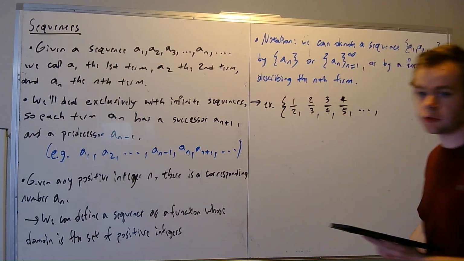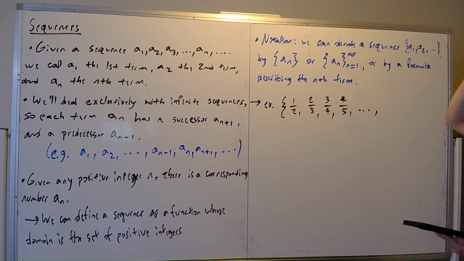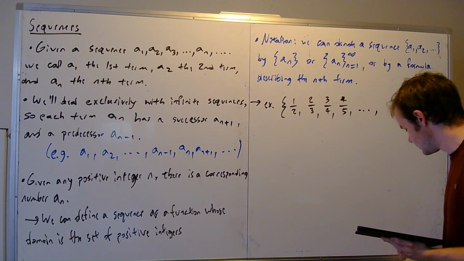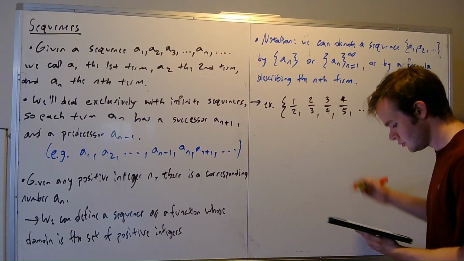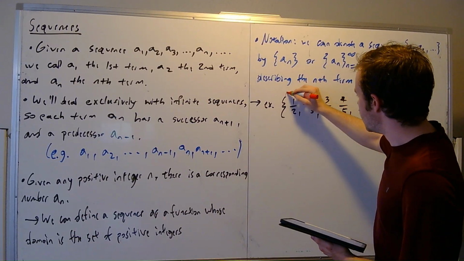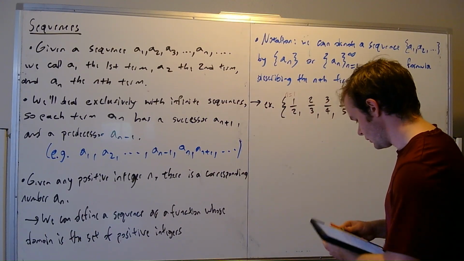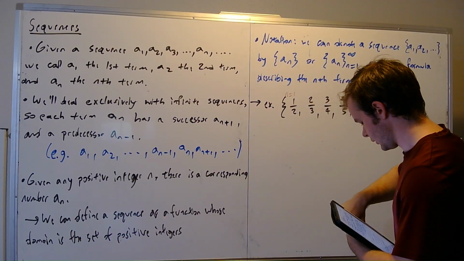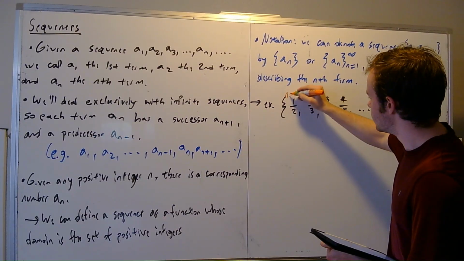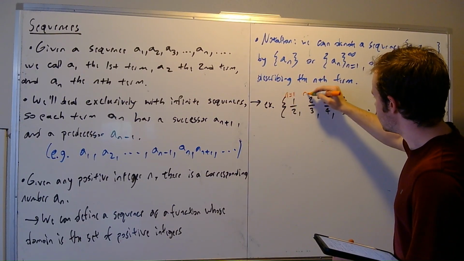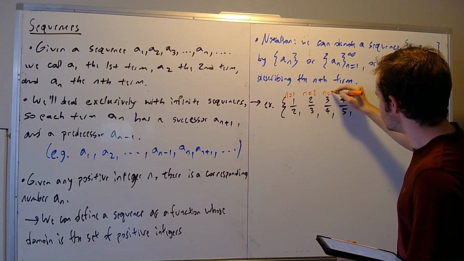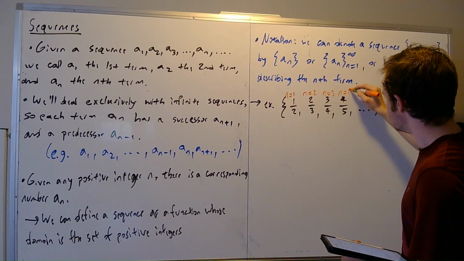And you can think of what the general formula should be here, but remember, this was n equals 1. Let me use a different color here. This was n equals 1. This was n equals 2, n equals 3, n equals 4.